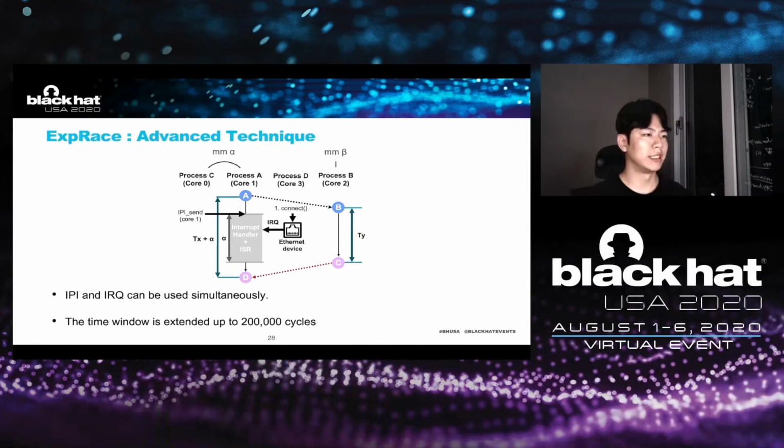Using both methods at the same time, the target core is interrupted more often. This means the probability that an interrupt is transmitted while the time window X is running is increased.